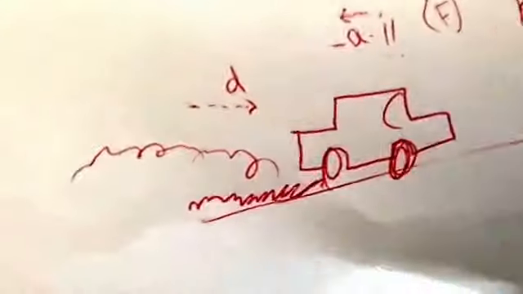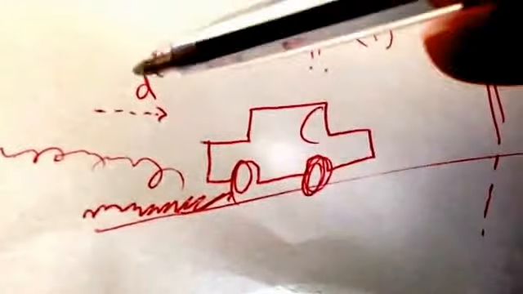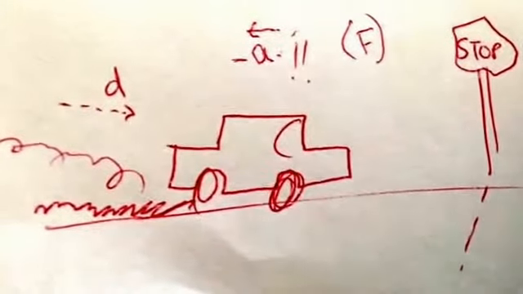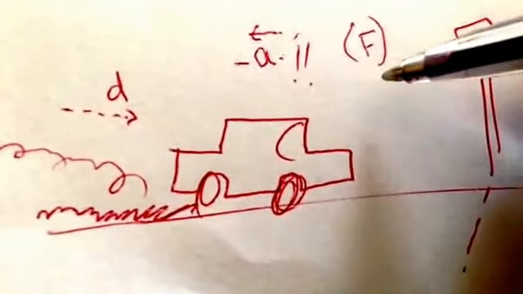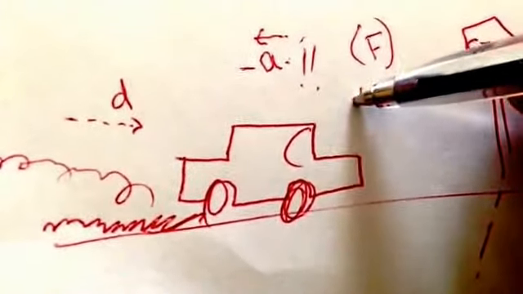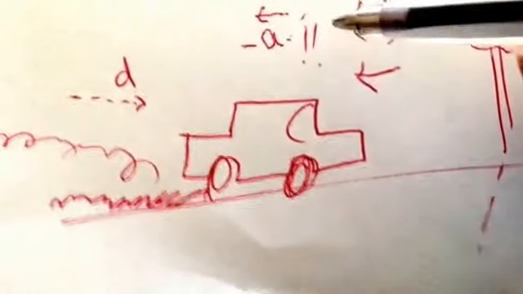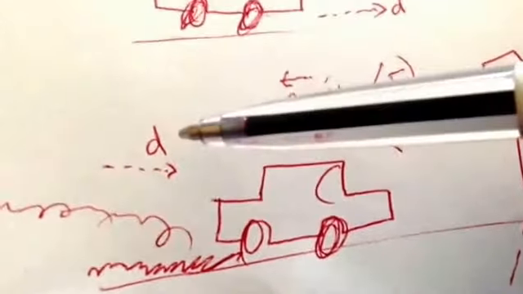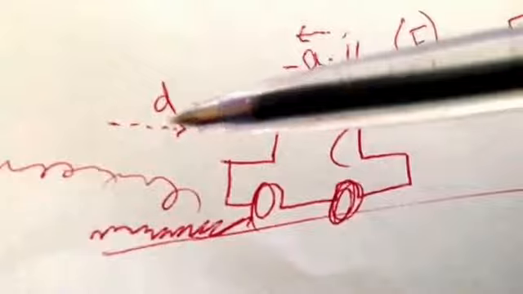And if there's a force and a distance, then there's work done. However, just note that the direction of the force in this case will be opposite the distance to slow it down. And when the two, force and distance, are in opposite directions, the work done is negative.